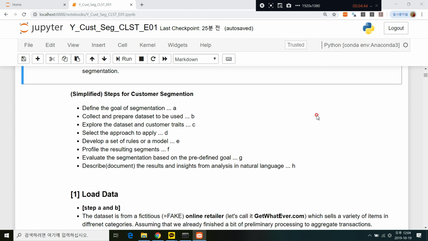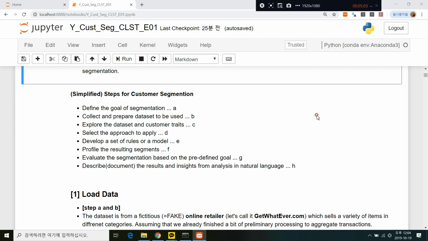Then step E is the segmentation itself, and after that step, you have to understand what has been done and what you got from the segmentation process.